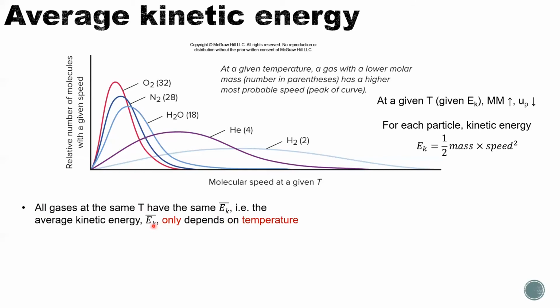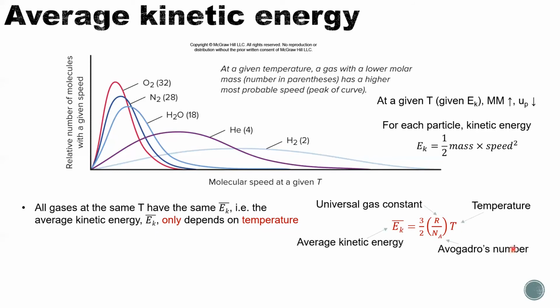So average kinetic energy only depends on temperature. We can write the equation here. EK bar, where the bar on top of EK means the average, equals 3/2 times R over Avogadro's number times T. So from this equation, you can tell that the average kinetic energy is only dependent on the temperature.